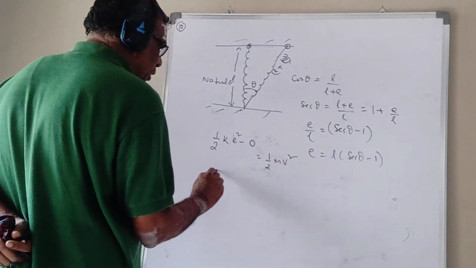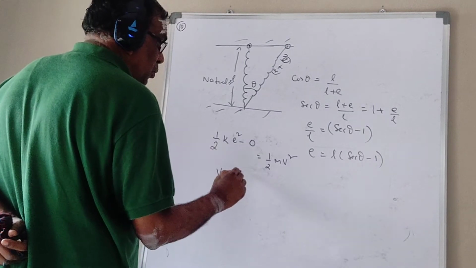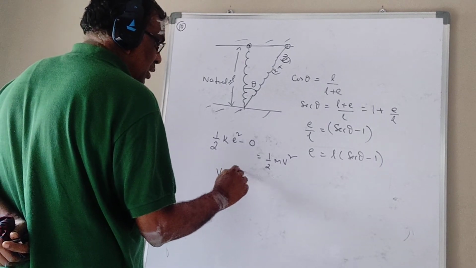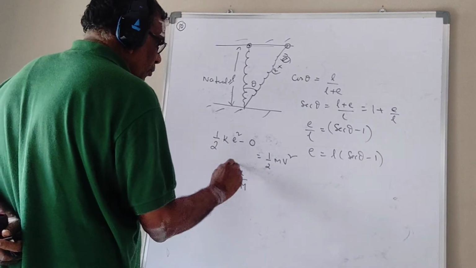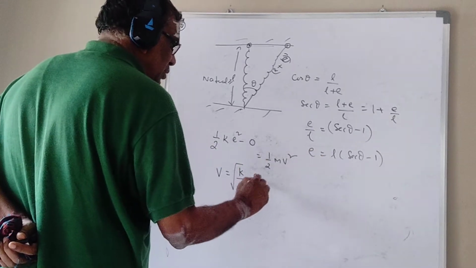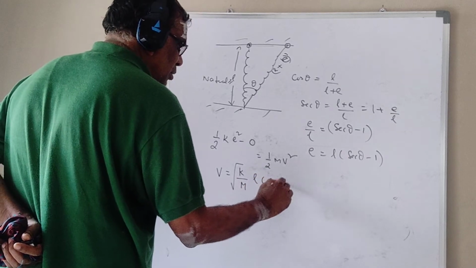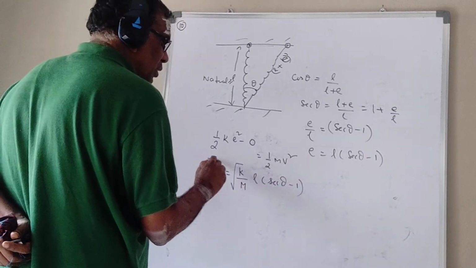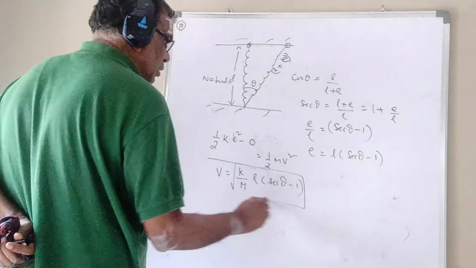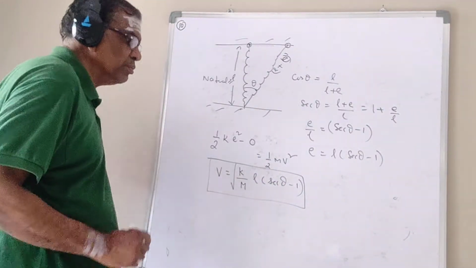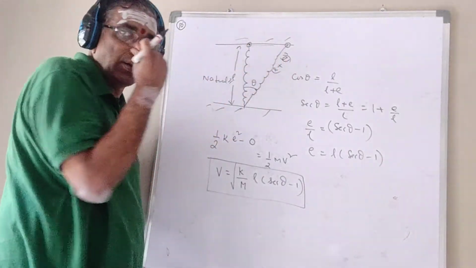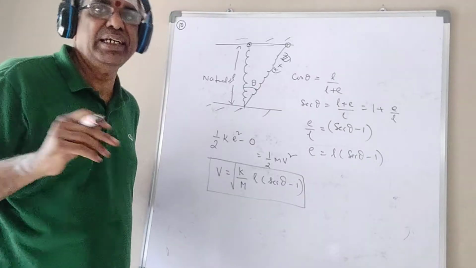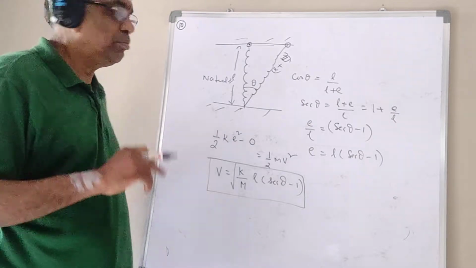So you get V is equal to root of K by M into E, where E is L into (secant theta minus 1). Likewise, you get it. You get the point? This is the natural length and this is already in an elongated state. So this is very important.